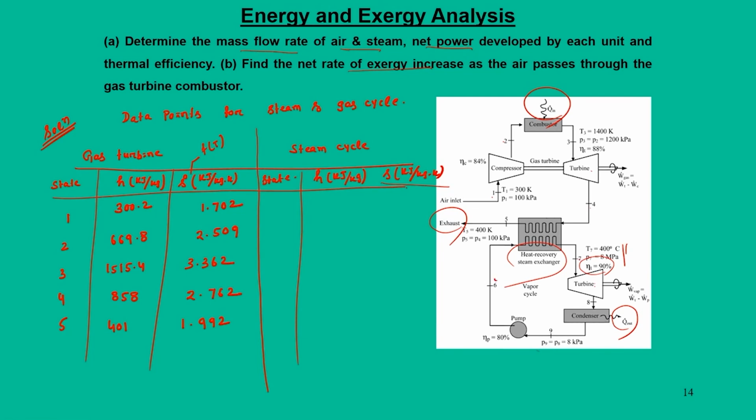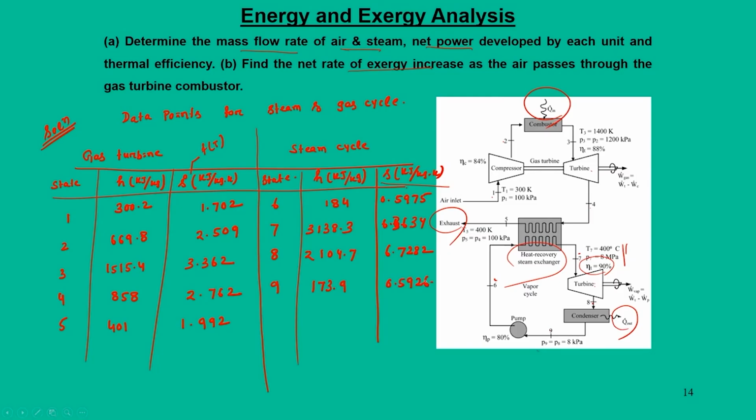And for the steam cycle we have points like 6, 7, 8, 9. These numbers are being noted here: 184 enthalpy, 0.5975 entropy, state 7, 3138.3, 6.3634 that is entropy, and state 8, 2104.7, 6.7282 that is entropy, state 9, 173.9 and 0.5926.